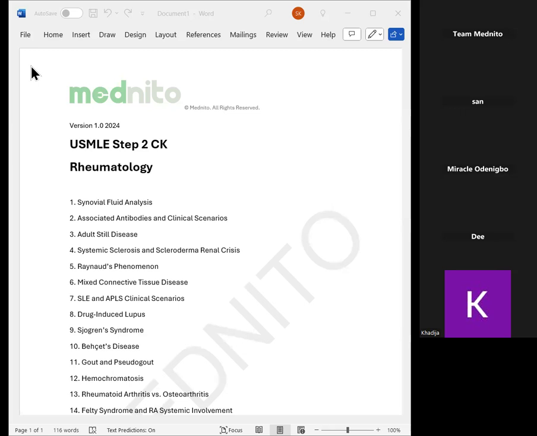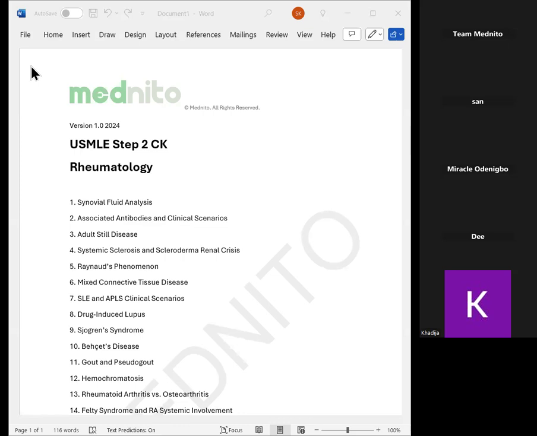Remember, if it is a tubercular infection or tuberculosis or chronic lymphocytosis, it is the lymphocyte count that is increased in the synovial fluid, because lymphocyte is the cell for chronic inflammation. For acute inflammation, it is the neutrophil. You'll have to remember this.